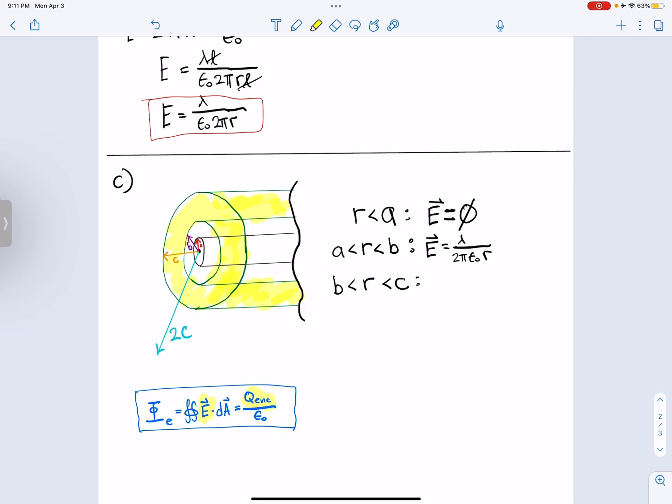So the electric field has to be 0 here as well.